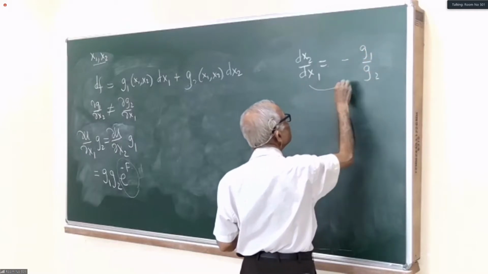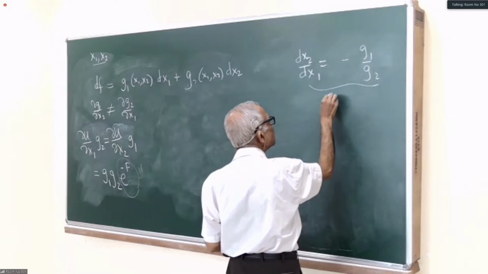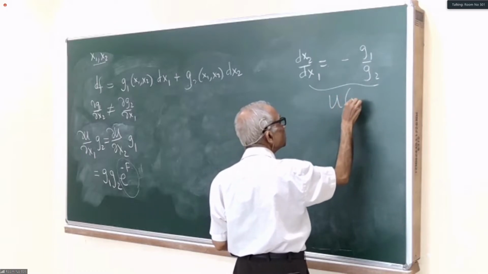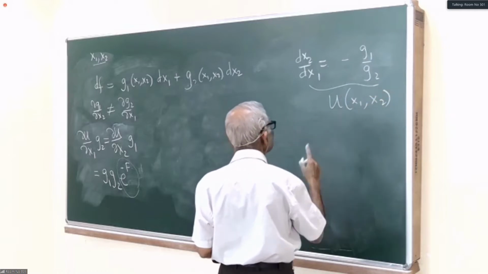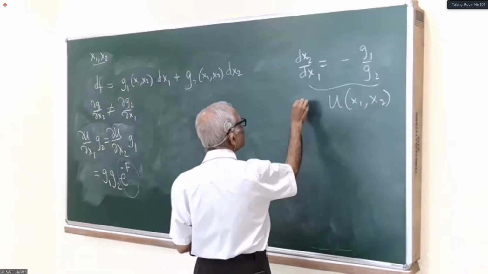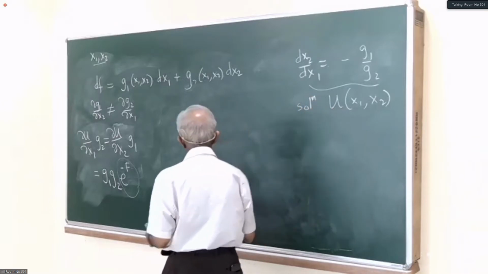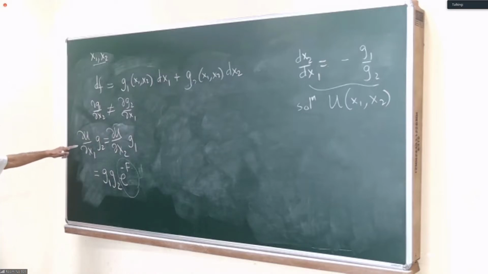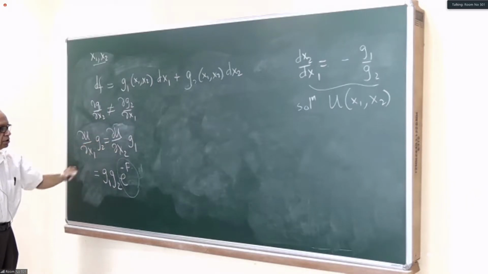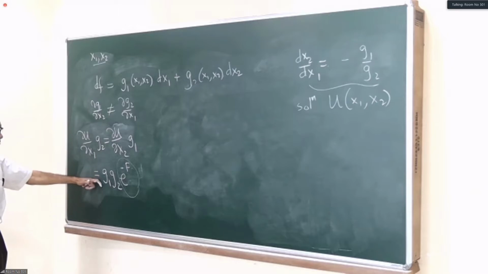So I took this differential equation and considered a solution of it, which is u(x1, x2). The solution has the property that del u del x1 g2 is equal to del u del x2 g1, and that I have defined as g1 g2 e to the power minus F.